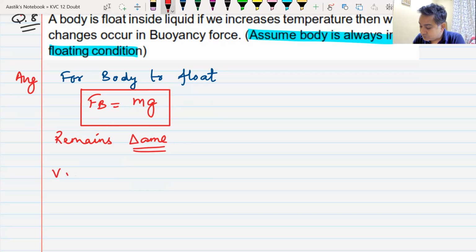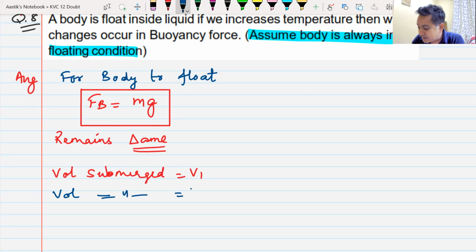Now, if I say that in the first case the volume submerged was V1, and in the second case the volume submerged, that is inside, is V2.